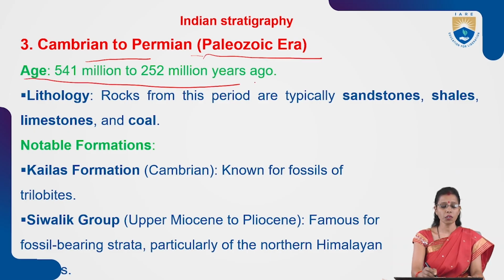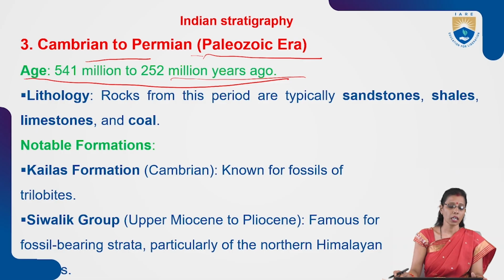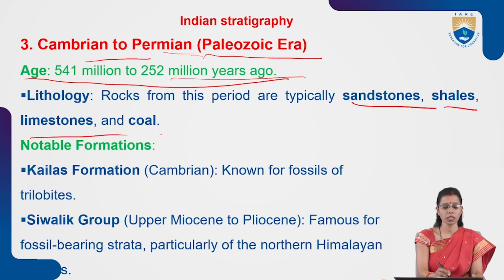As per today, it is 541 million to 252 million years ago. So in this age these kinds of rocks were found, and this age is called Cambrian to Permian, or the Paleozoic era. Lithology in this era: rocks from this period are typically sandstone, shales, limestones, and coal.